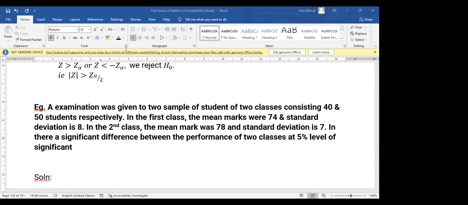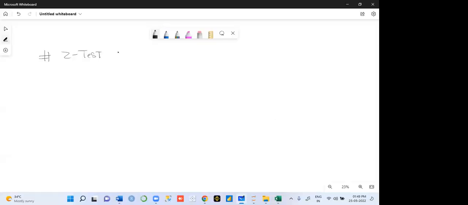Guys, write 2 sample Z test, 2 sample. Online students. Write the formula, guys.